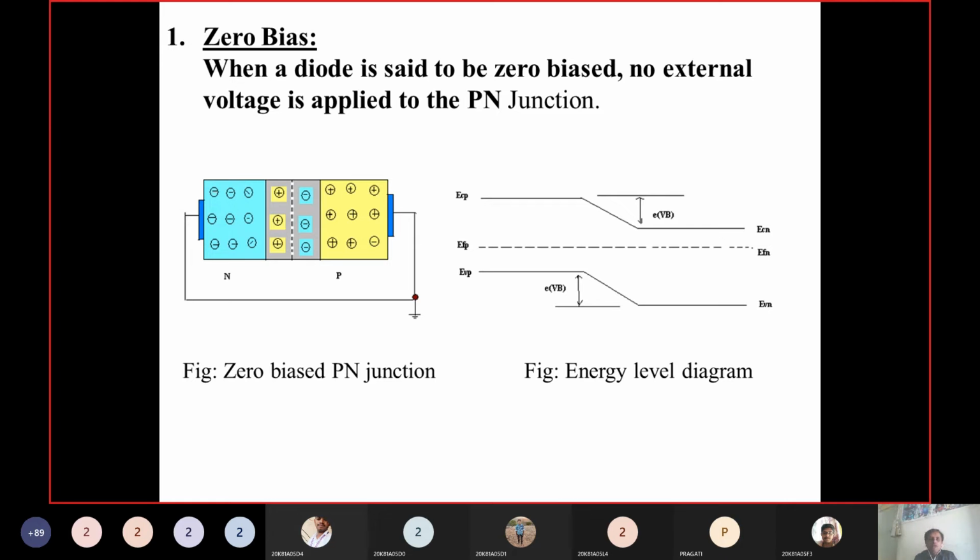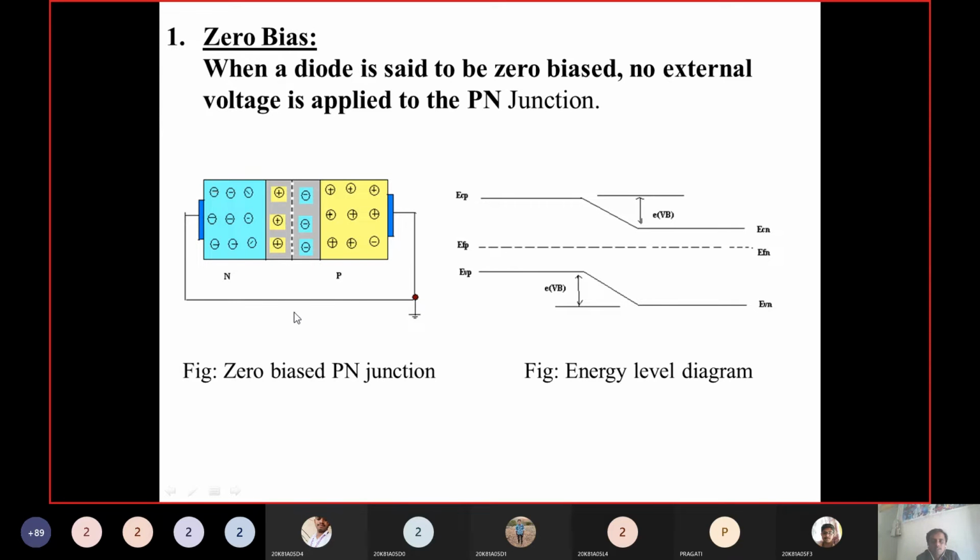First, zero bias. A diode is said to be zero biased when no external voltage is applied to the PN junction. Here this is the PN junction, and we are not applying any external voltage.